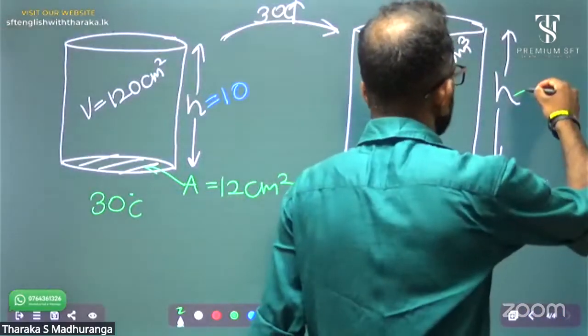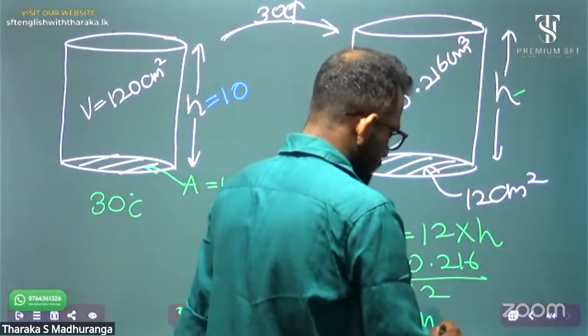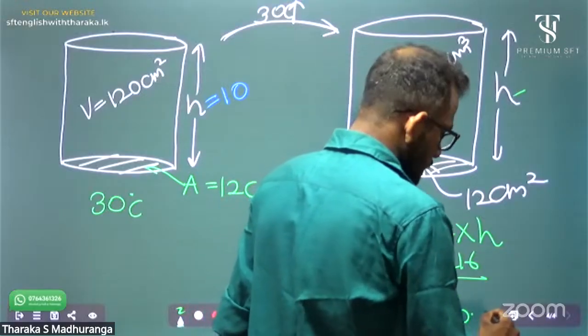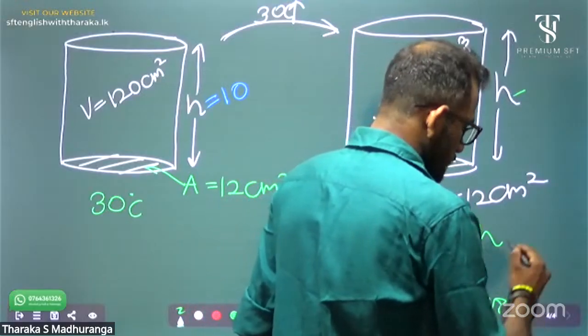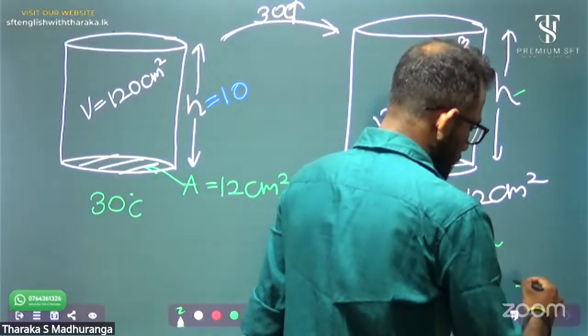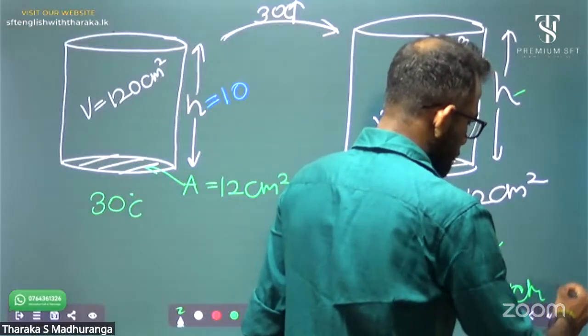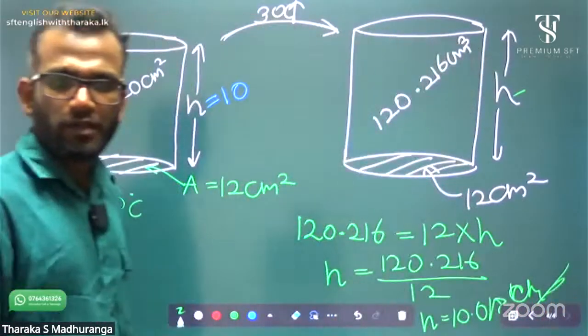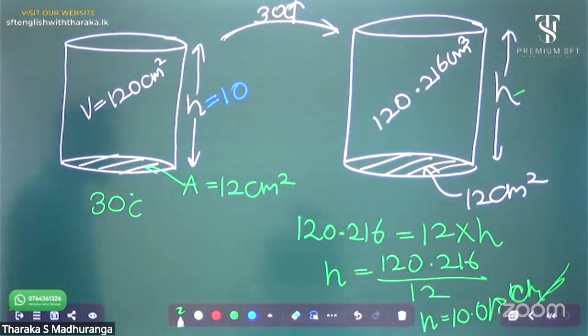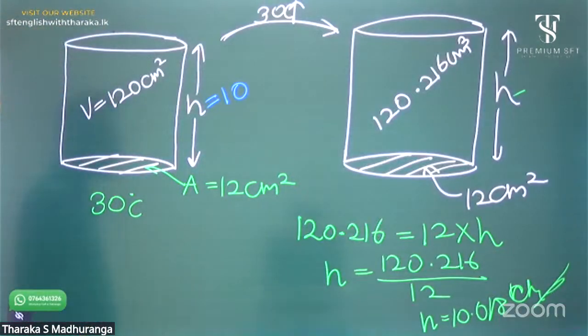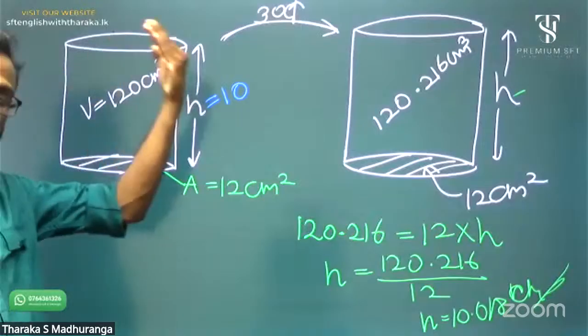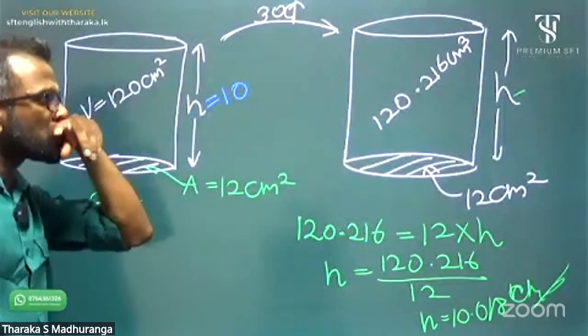H equals 10.018 centimeters. 10.018. That means the final height.